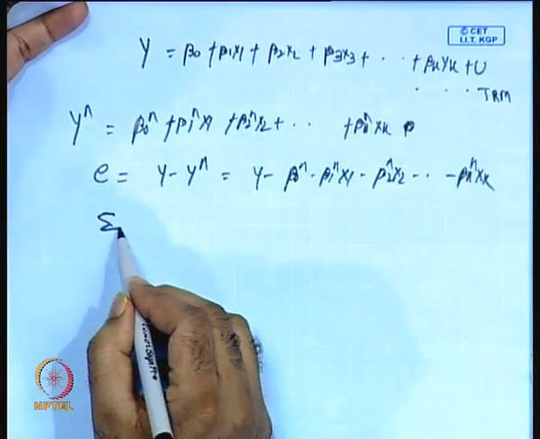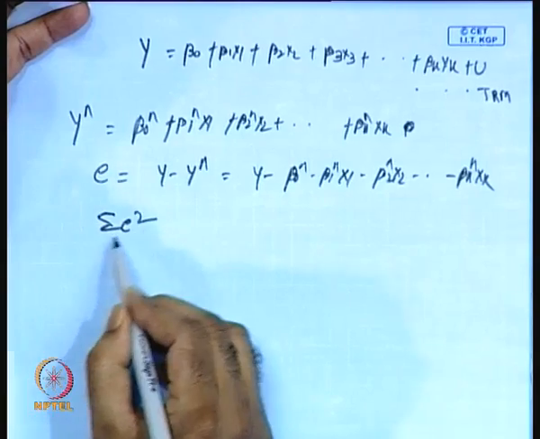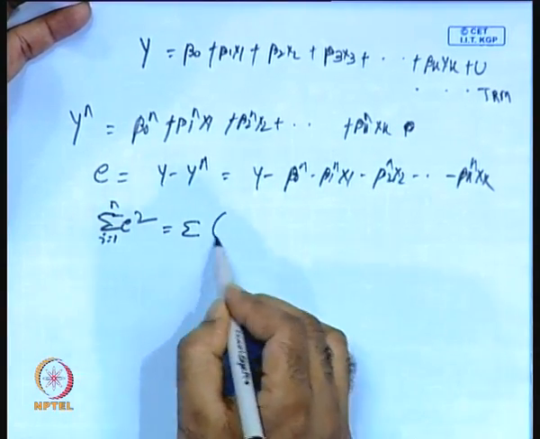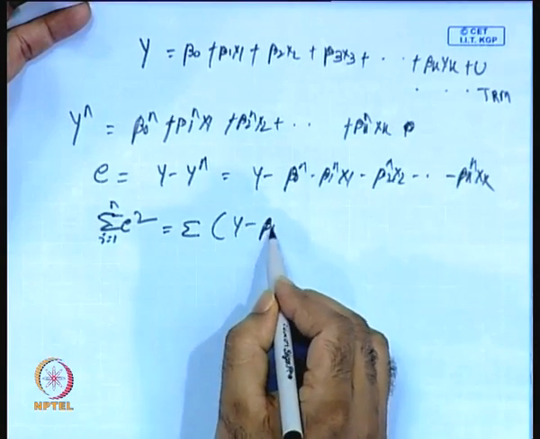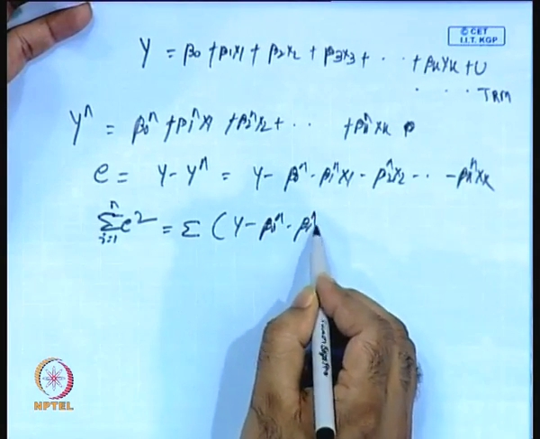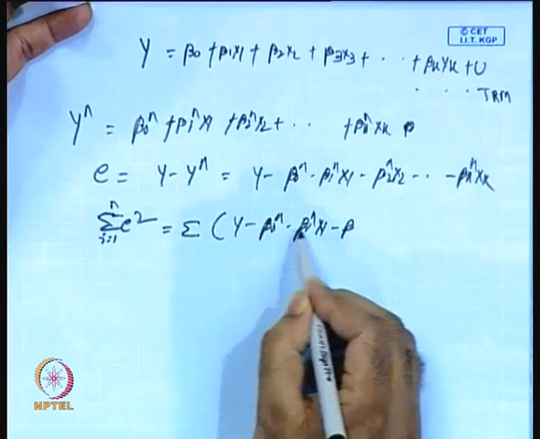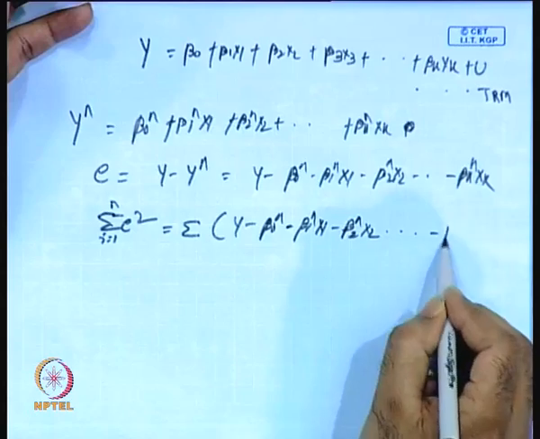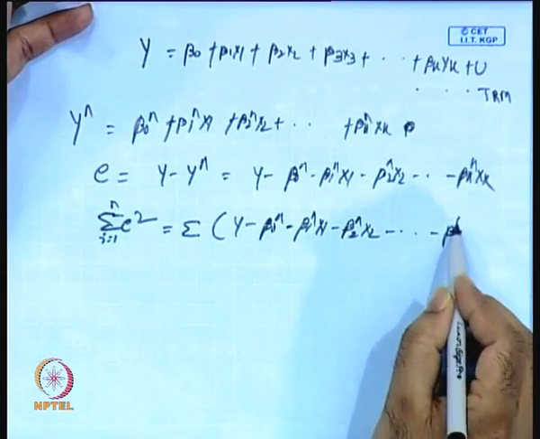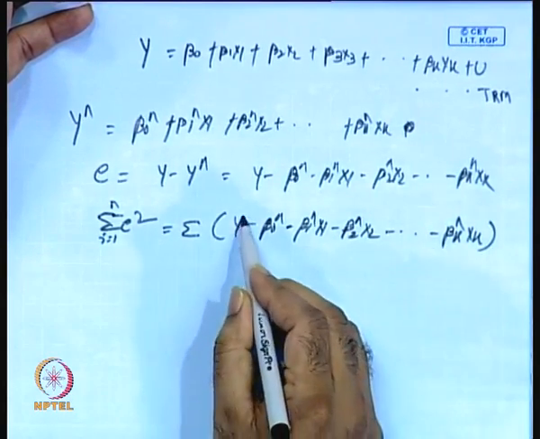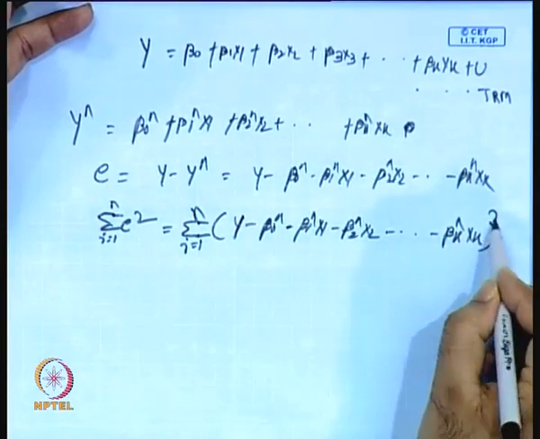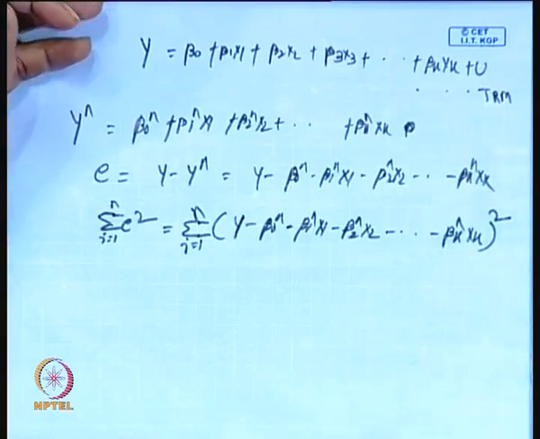We have to minimize the error sum of squares. Summation e squares, i equal to 1 to n, is equal to summation of y minus beta 0 head minus beta 1 head x1 minus beta 2 head x2 minus beta k head xk, whole squared.